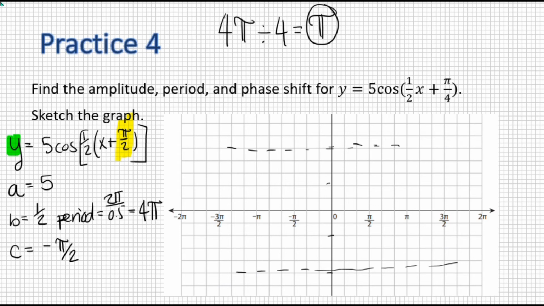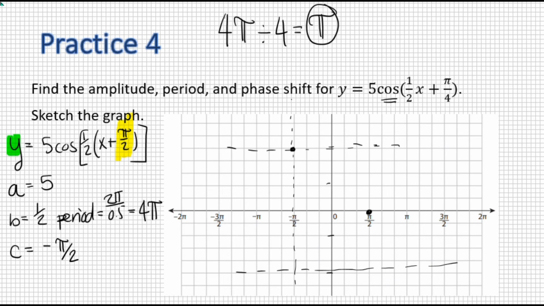So let's start making the graph. I need to start at negative pi over 2. And I need to start at a maximum because this is a cosine graph. It's going to take me 180 degrees to get my next key point. So I only hit a 0 at positive 90 degrees.